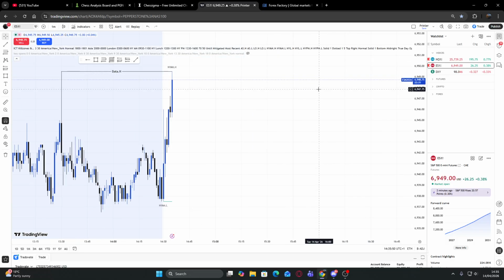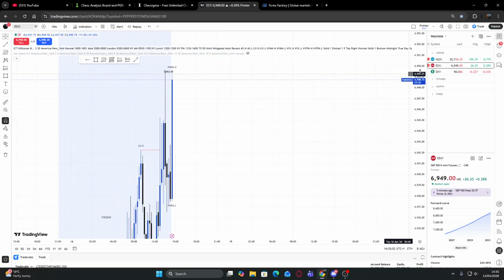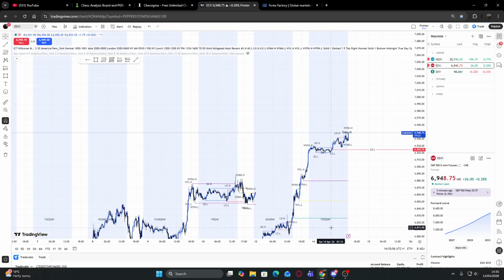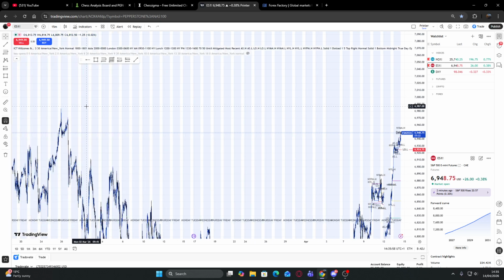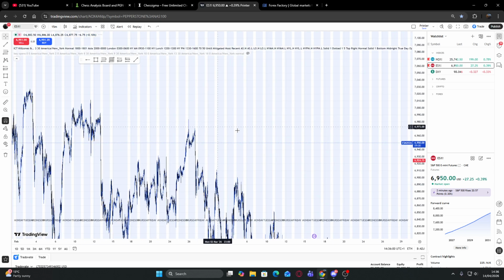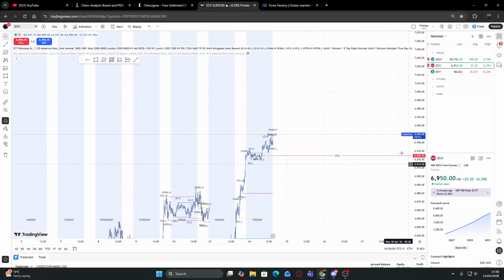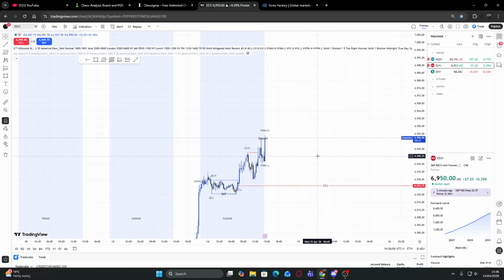I don't think we'll get SMT, but basically my only draw to the upside, other than maybe these external highs up here, has been taken. That CPI news would have been my target, to be honest.